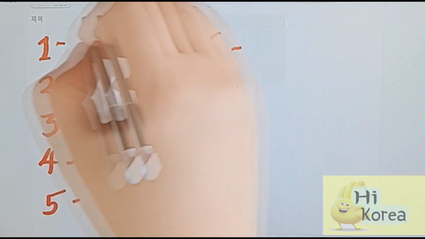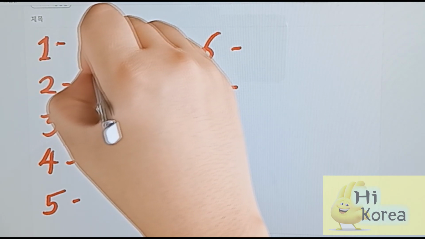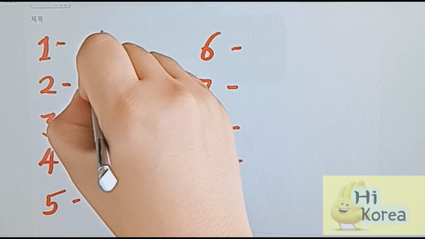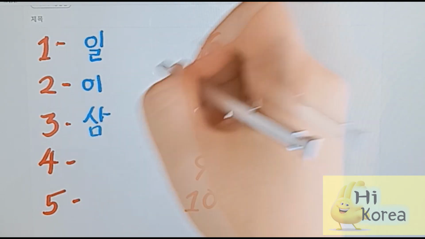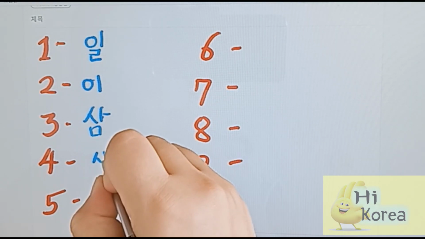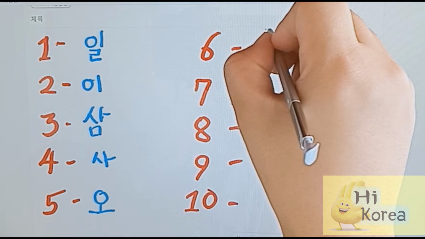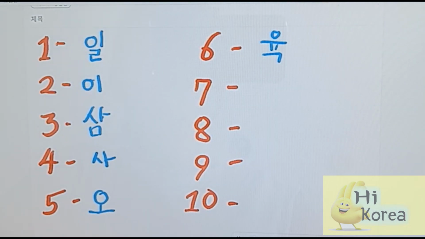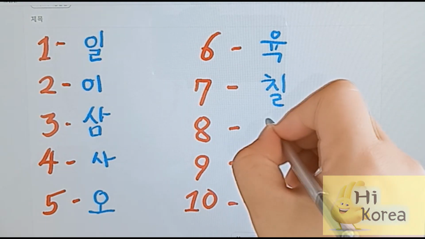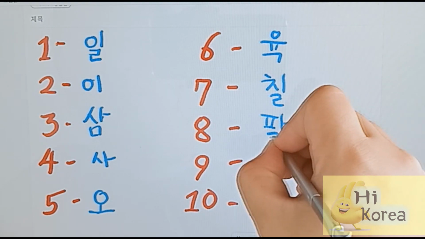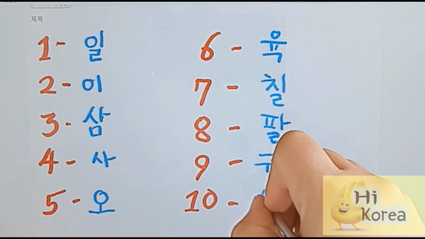Okay, the sino Korean number is 1, 2, 3, 4, 5, 6, 7, 8, 9, 10.